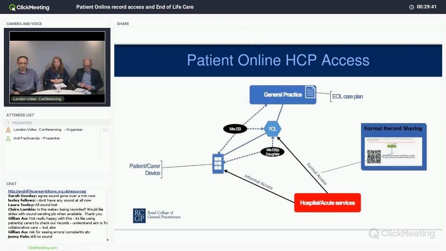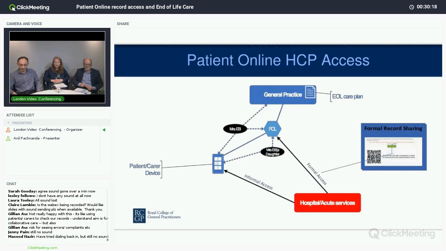So in this case, if, for example, the patient went to A&E unexpectedly, or to an A&E out of area where all the information wasn't being held, or even abroad, they could log in through their own device, for example a smartphone, and share visibly on the screen what was on their actual patient online record. They could just simply give that to the clinician or the health professional looking at the information.